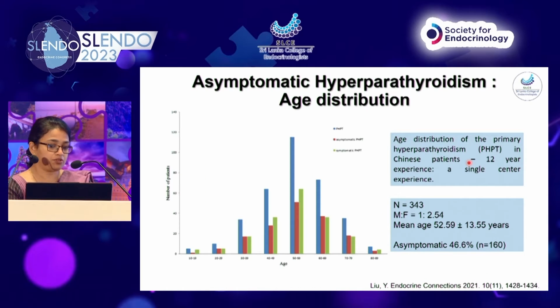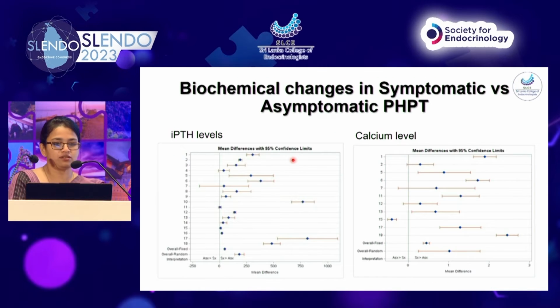And age distribution, again, some Chinese data: the 50 to 59 age group, the mid-50s, would be the most prevalent age group of presentation in asymptomatic hyperparathyroidism. So what is the biochemical profile of asymptomatic versus symptomatic hyperparathyroidism? Towards your right-hand side is the PTH level, and the right-hand side is classified as symptomatic patients having higher values than asymptomatic.